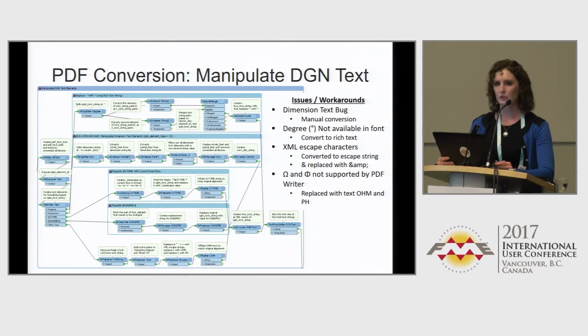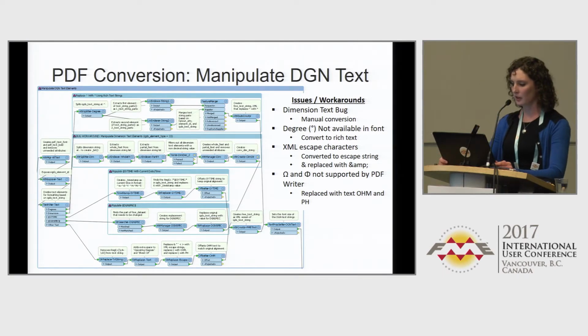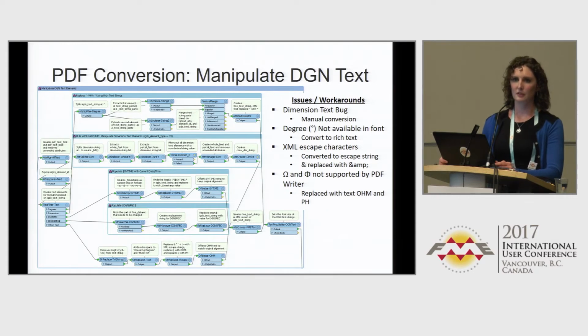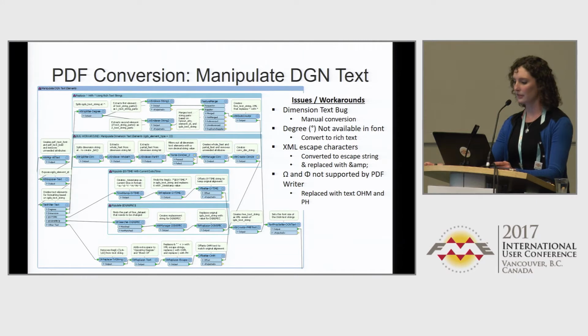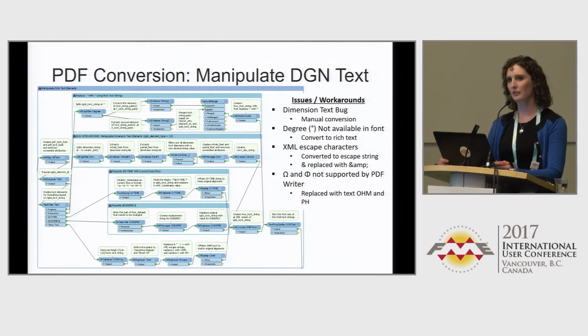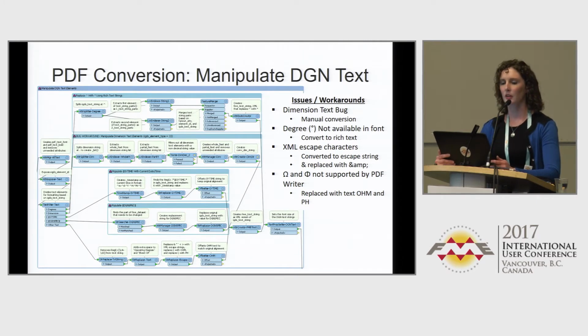Then I ran into issues with the degree sign not being available in the particular font that they wanted. To fix this, I used rich text. I converted all my text into XML strings. That way, when I came to a character that the font didn't recognize, I could tell it to use a different font for that specific character, and that allowed the character to show up.